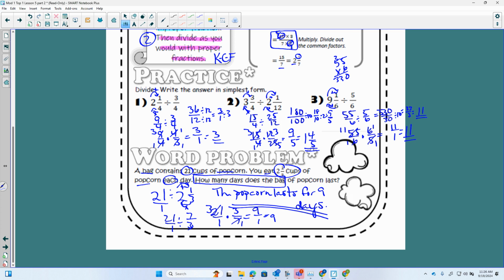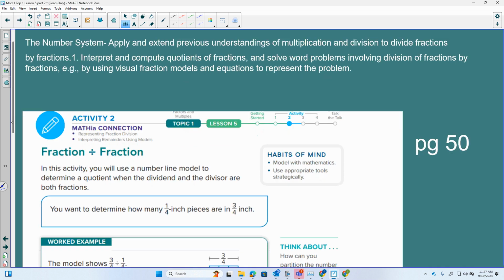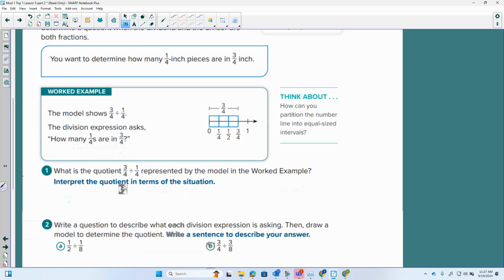We're going back to the book. Going into page 50. We're going to talk more about modeling.